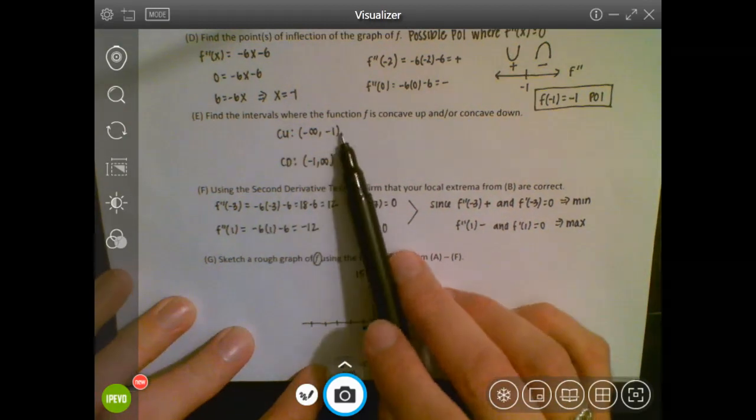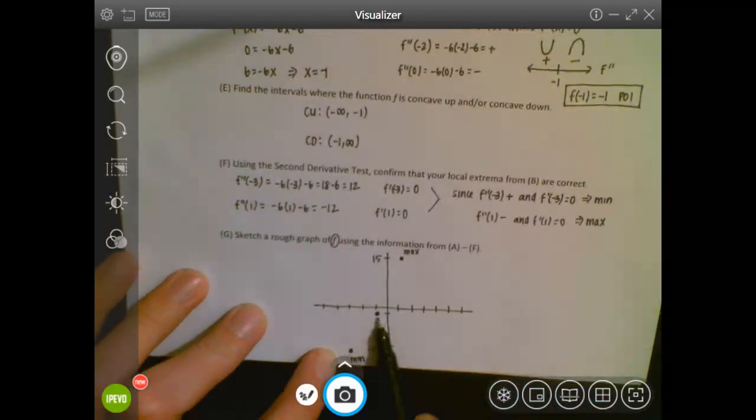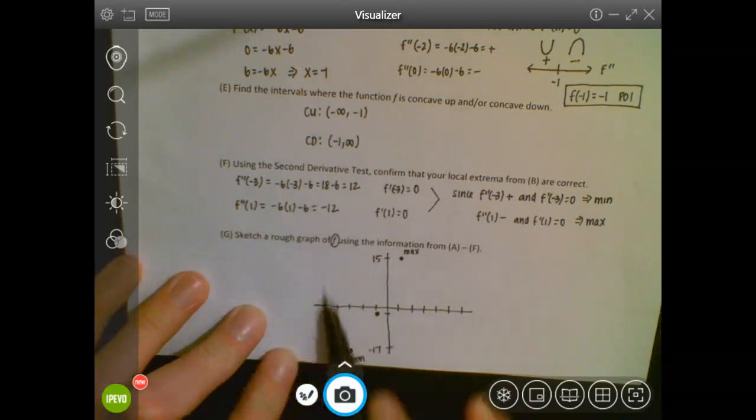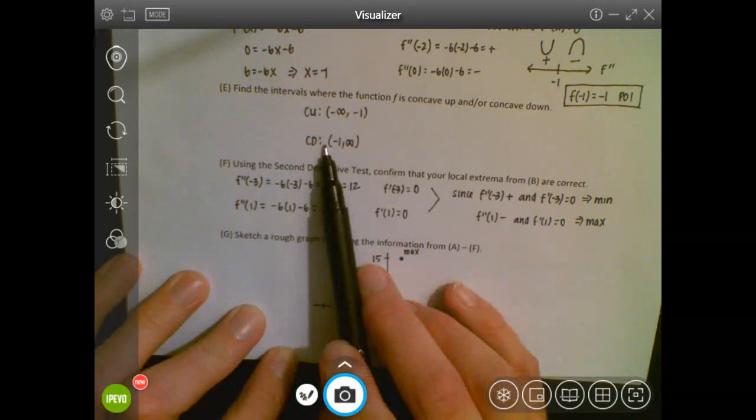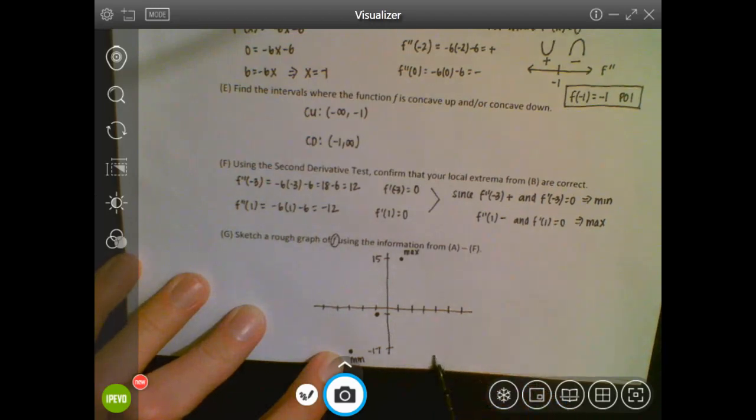So we know we're concave up from -infinity to -1. So meaning basically at this point of inflection, everything to the left of it is going to be a U shaping up. That's what concave up means. We're concave down from -1 to +infinity. So at this x value of -1, everything to the right should be facing downwards.